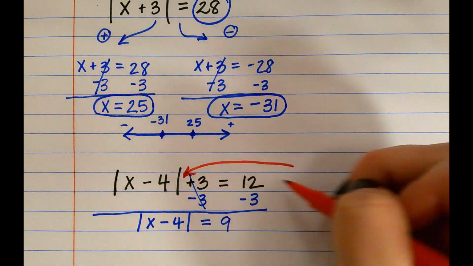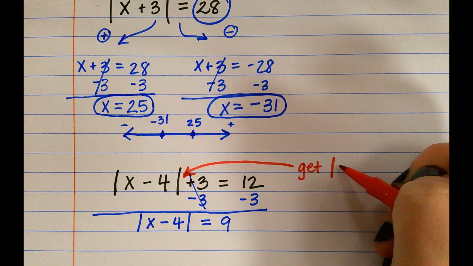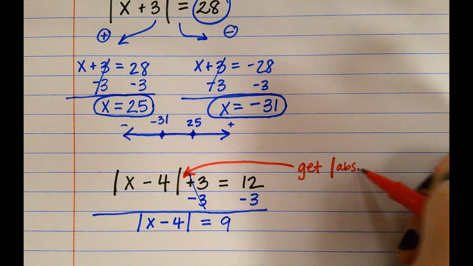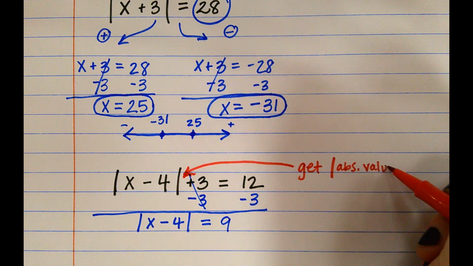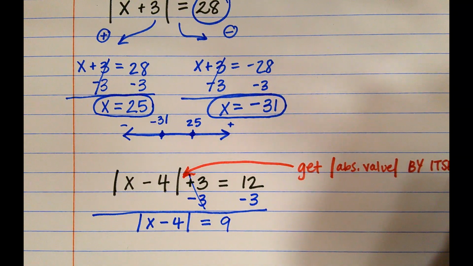I'm just going to make a note: get absolute value by itself first.